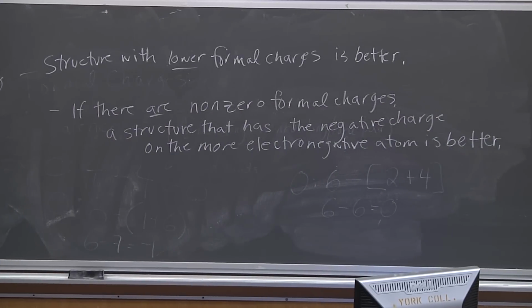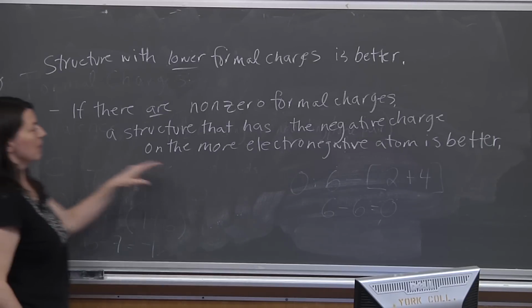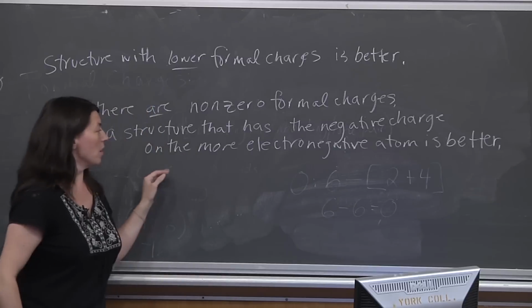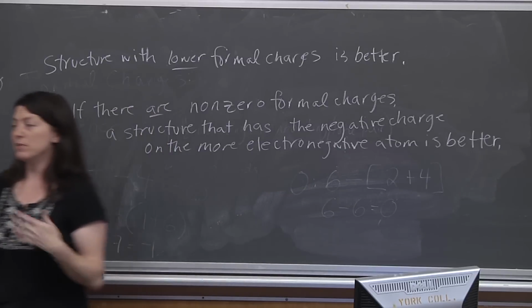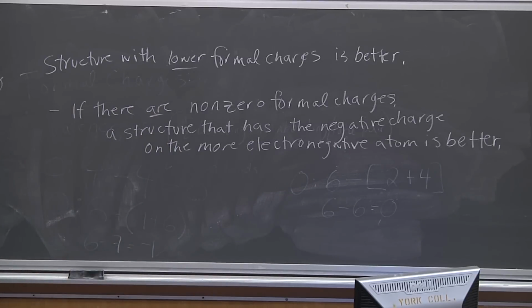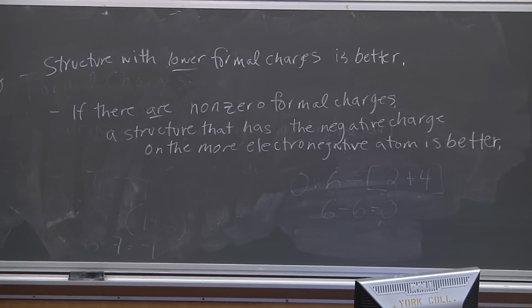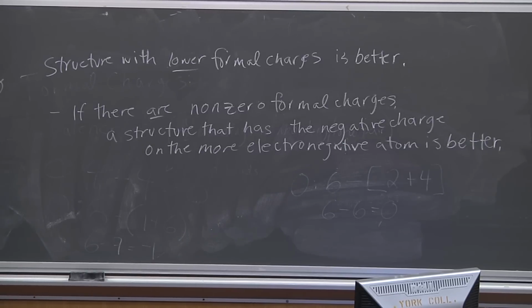If there are non-zero formal charges in your Lewis structure, a structure that has the negative charge on a more electronegative atom is better. So, questions on that?